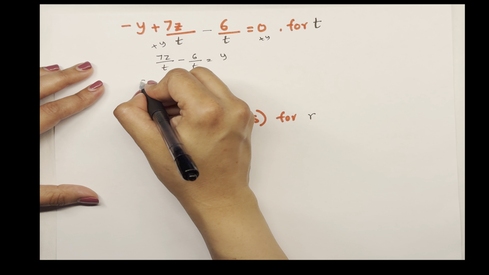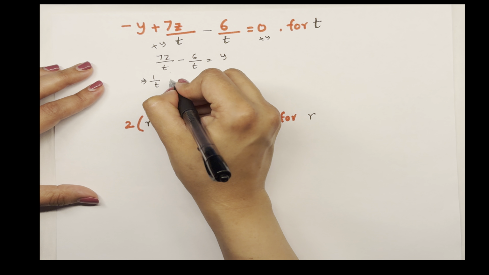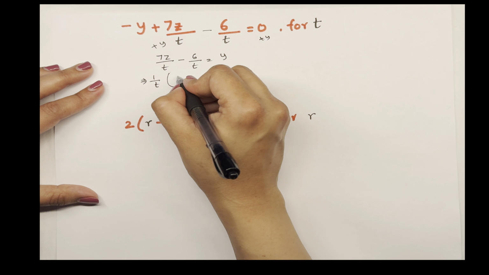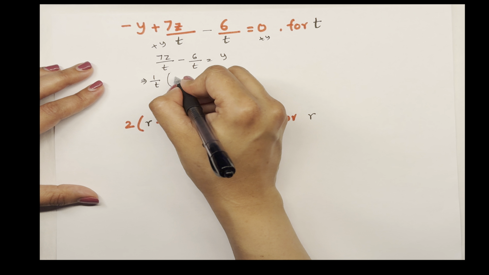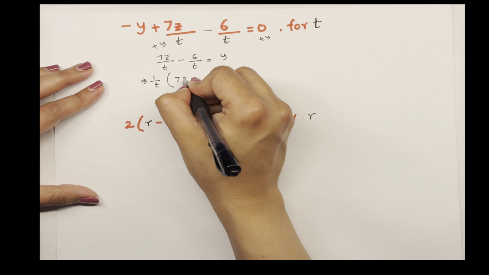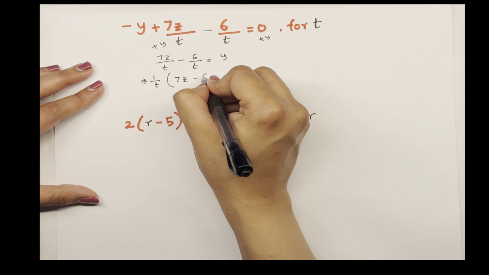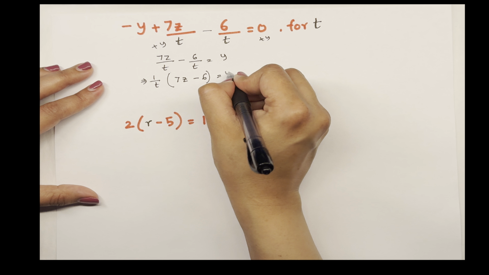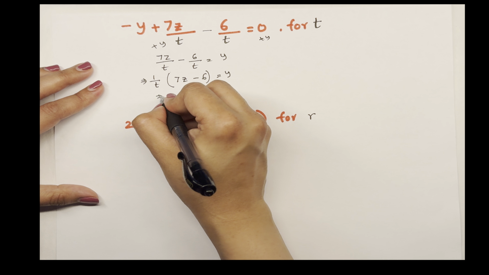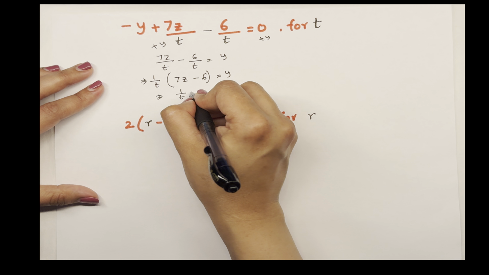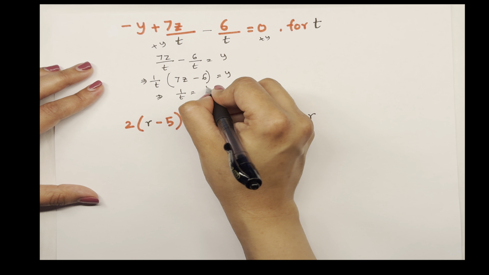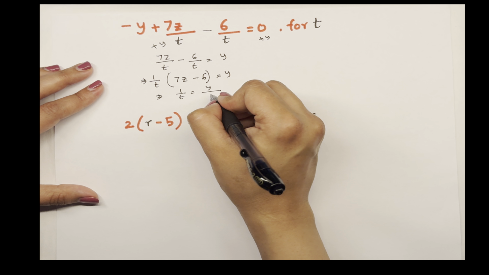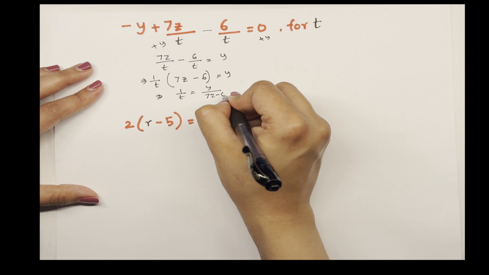Between these two terms, 1 by t is common. So 1 by t times (7z minus 6) equals y.